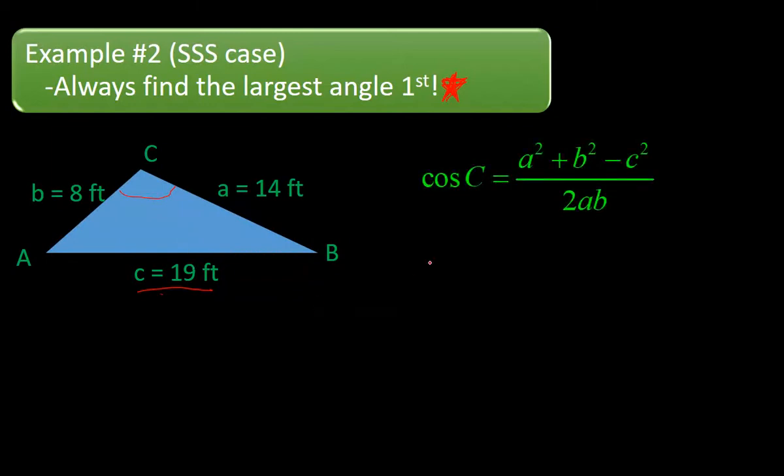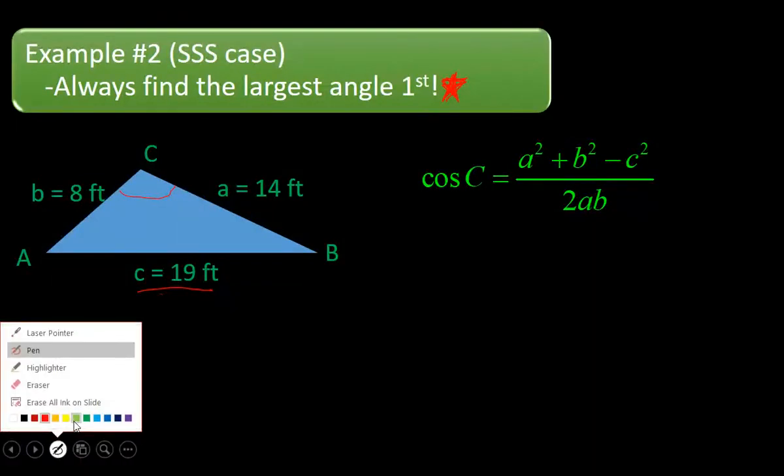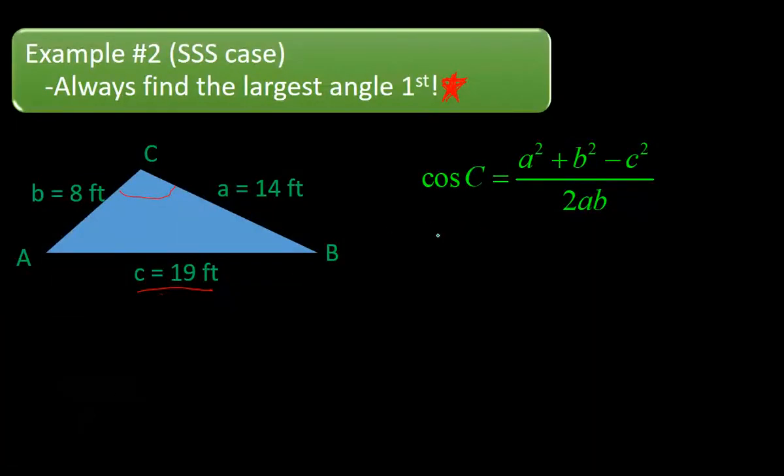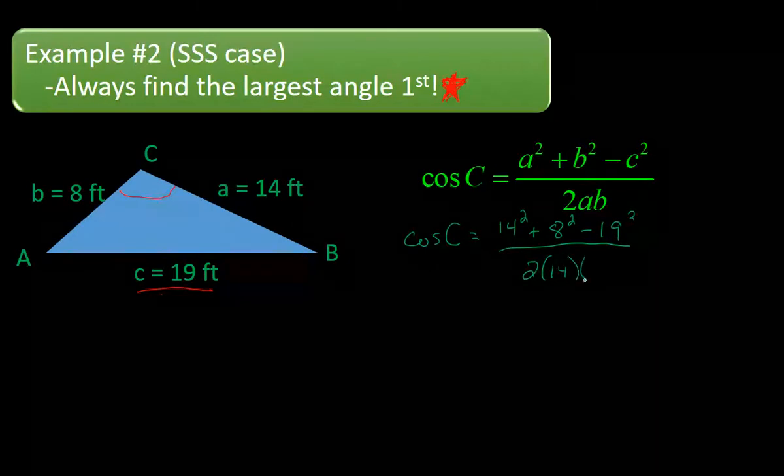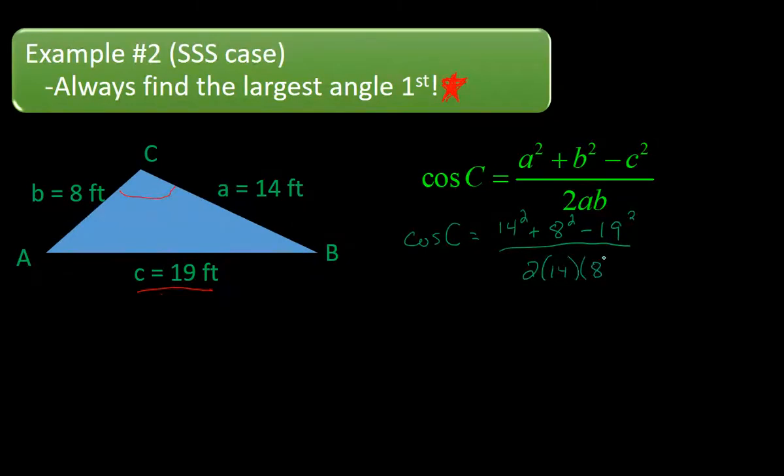So I'm going to start with cosine C equaling the following. And now I will plug in as I see fit here for cosine C equaling A squared, so I'm going to have 14 squared, B squared, 8 squared minus C squared, which was 19, over 2 times A, 14, times B, which was 8.